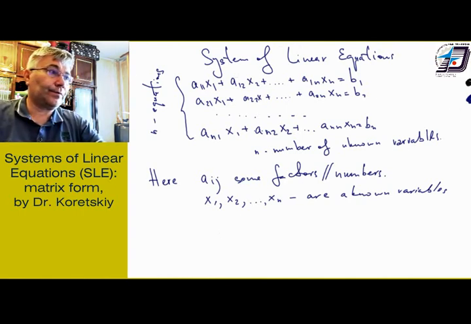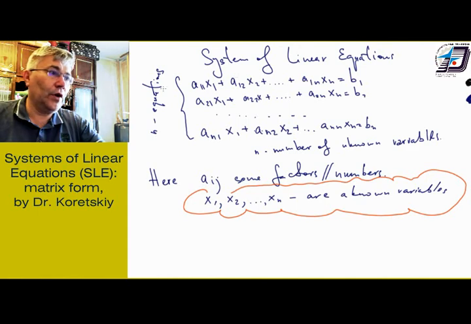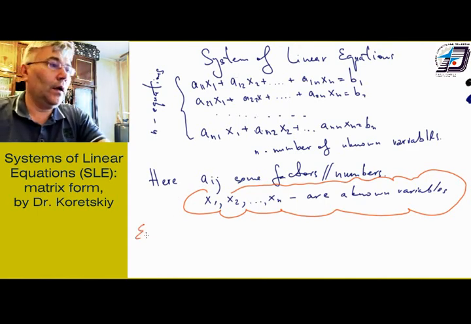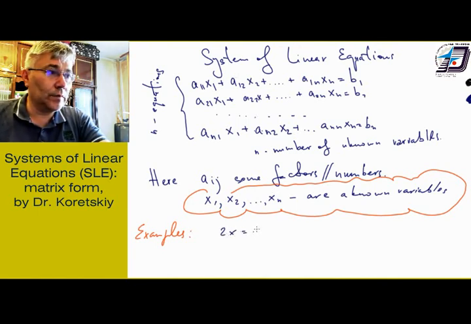I want to highlight them. These are the unknown variables to find, and here are some numbers. Let's consider some examples. You know from school, 2x equal 1.